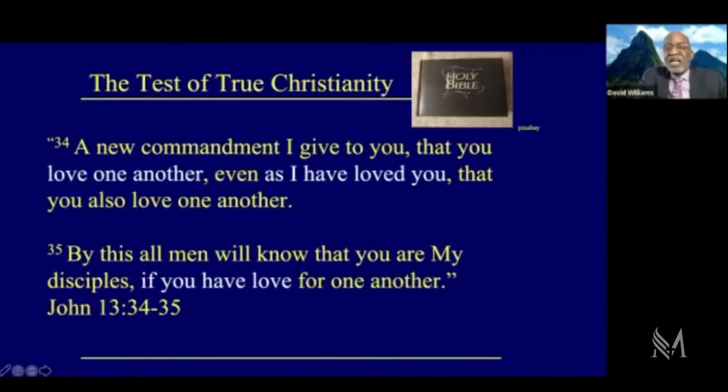We need that love that Jesus is talking about. We need it in our lives. We need to ask the Holy Spirit to baptize us anew with power from on high, to transform us, take away the stony hearts out of our flesh, and give us a heart of flesh.